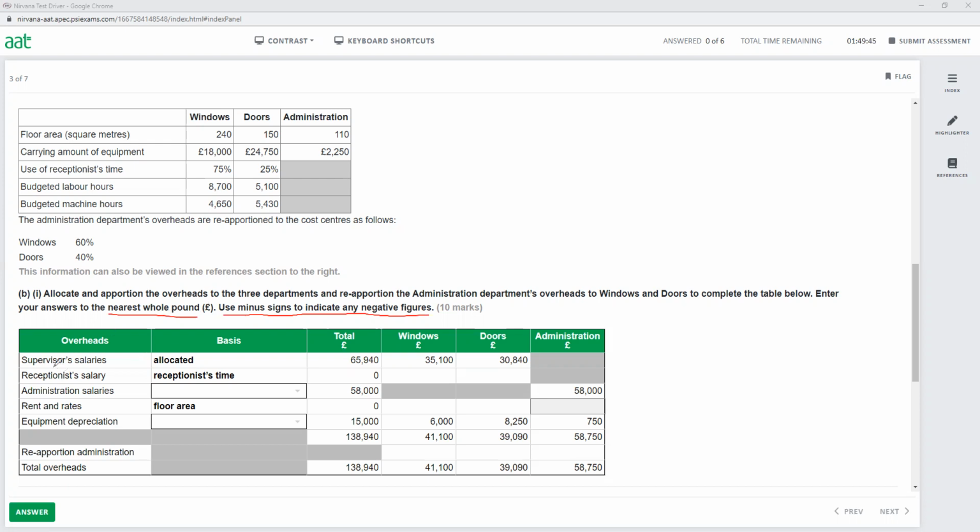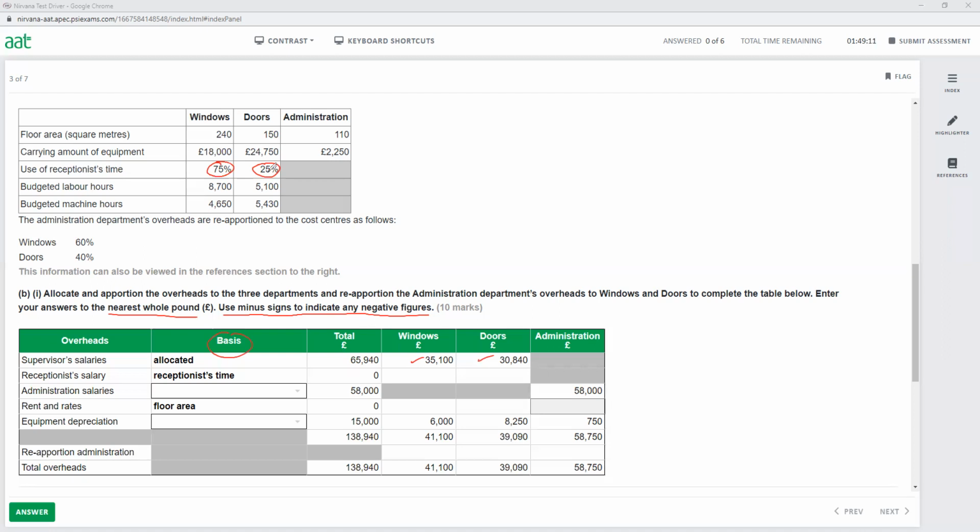All right, the first one, supervisor salary, is allocated. We already know that one salary belongs to window and one salary belongs to door. It is already given, so we don't have to do anything. Receptionist salary: the basis will be receptionist time, which we have here, 75% belonging to window and 25% belonging to the door.